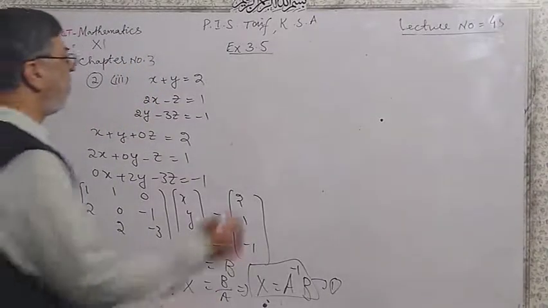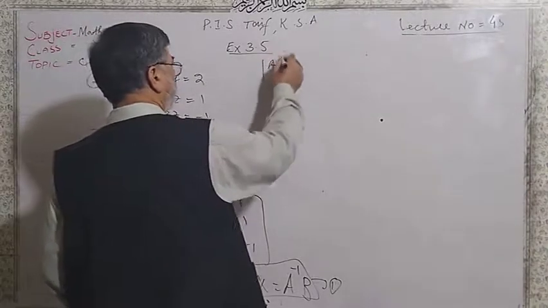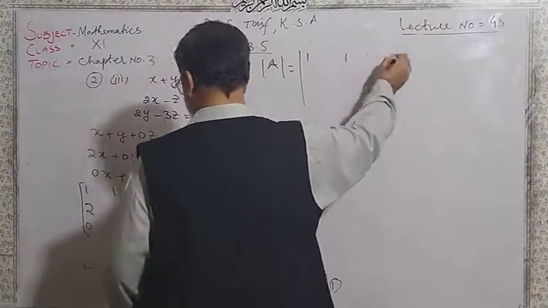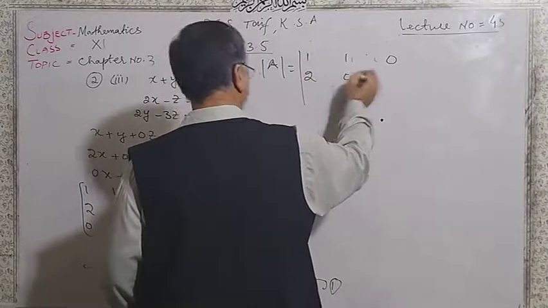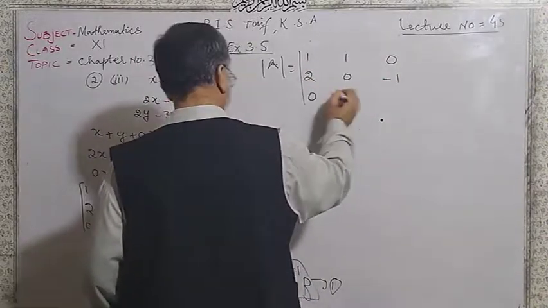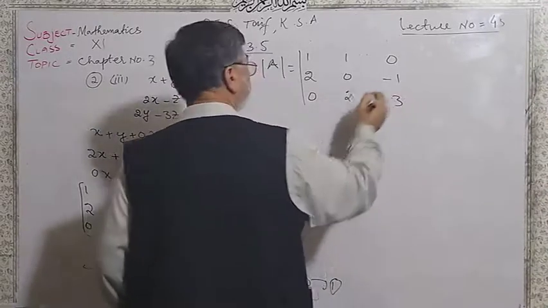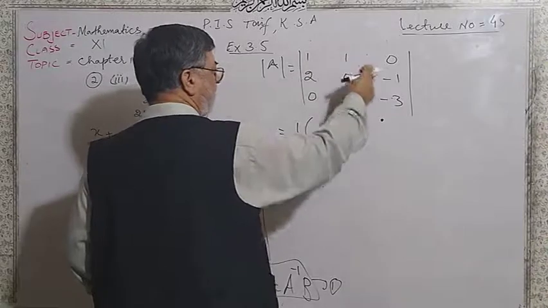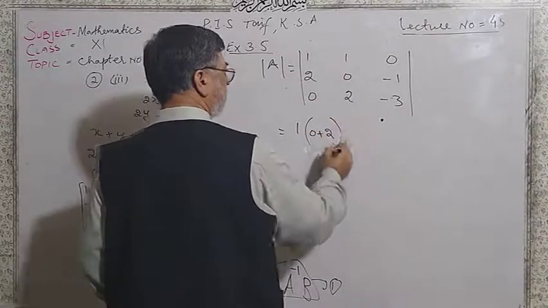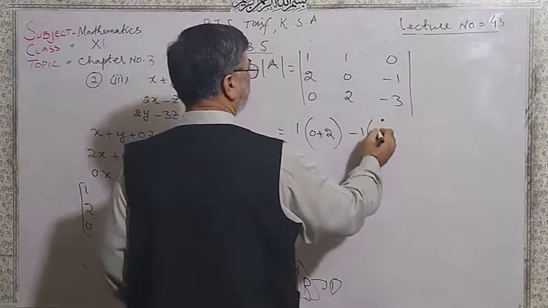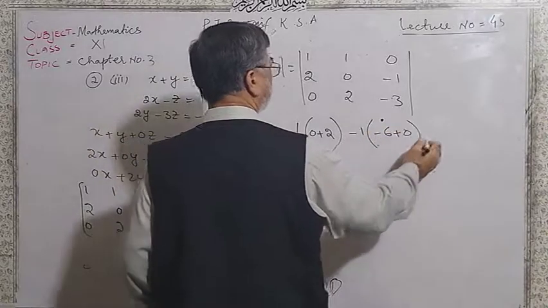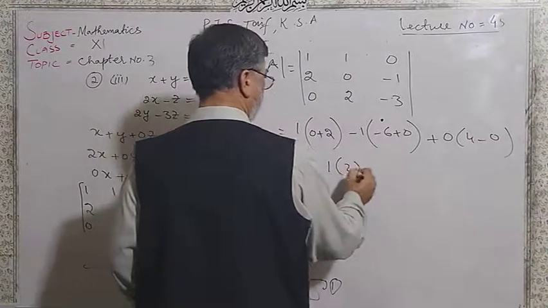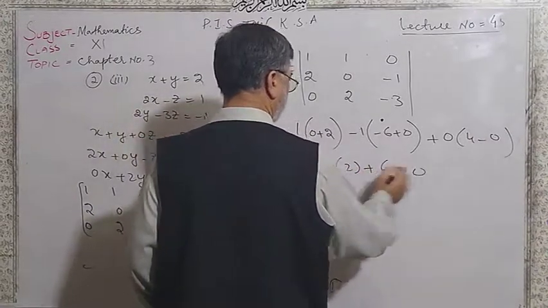So first of all, we will find the determinant, whether it is solvable or not. 1, 1, 0 and 2, 0, minus 1 and 0, 2, minus 3. Remove this row and column, AD minus BC, 0 plus 2. Then minus 1 into minus 6 plus 0, plus 0 into 4 minus 0. That is 1 into 2, plus 6, plus 0.